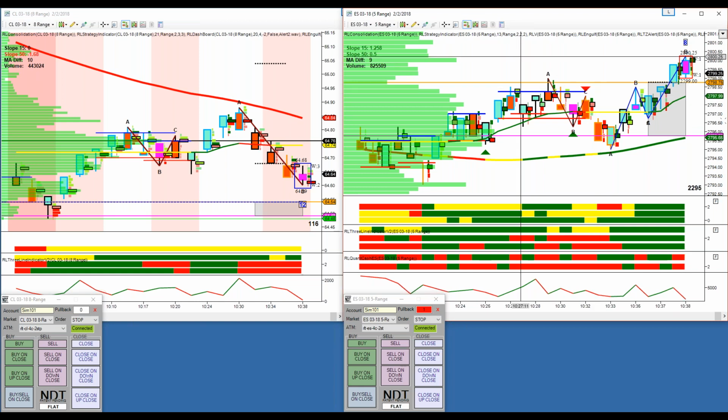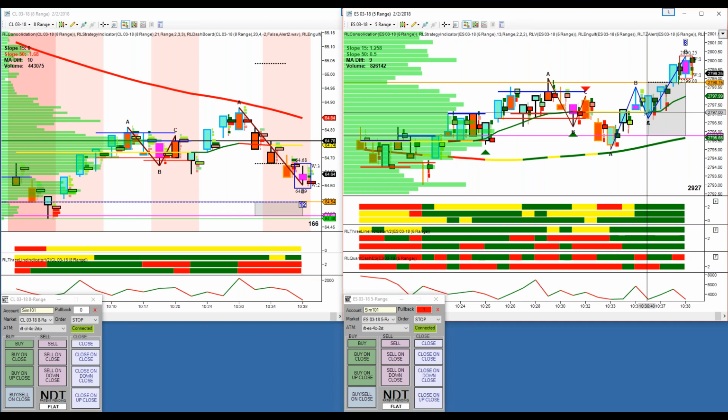We finally got our alignment: triple quants and the 3 line.